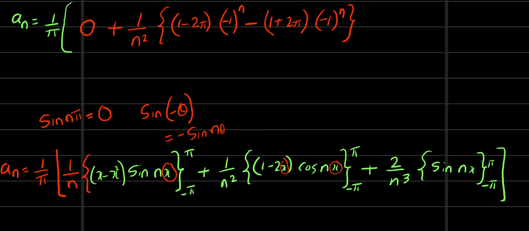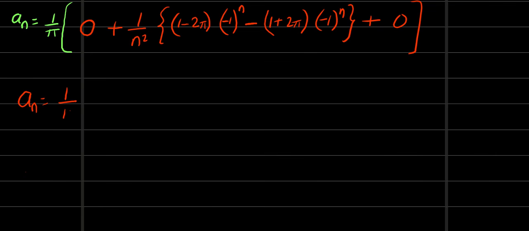And when you substitute this here, sin n pi and sin minus n pi, both are zeros. So 1 by pi and 1 by n square, and minus 1 the whole power n will float outside, and the remaining part is 1 minus 2 pi minus 1 minus 2 pi.